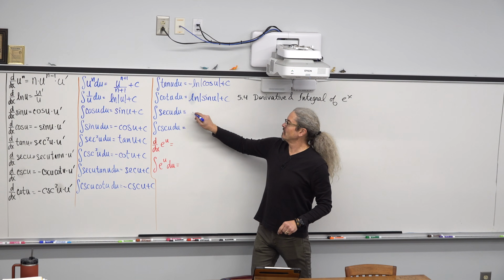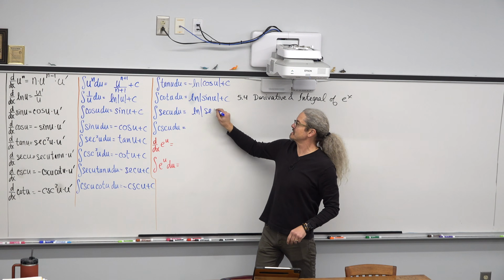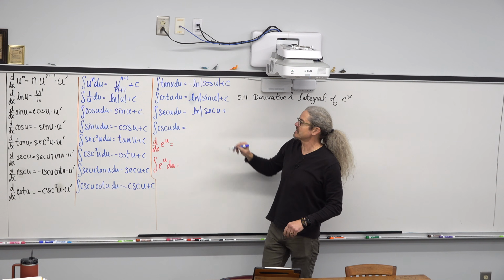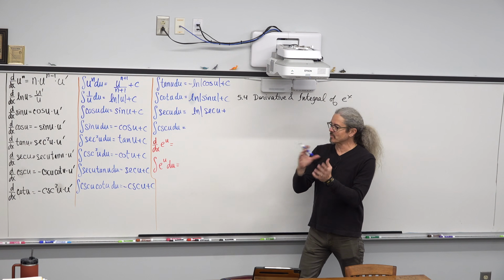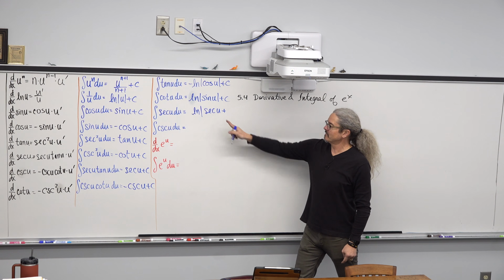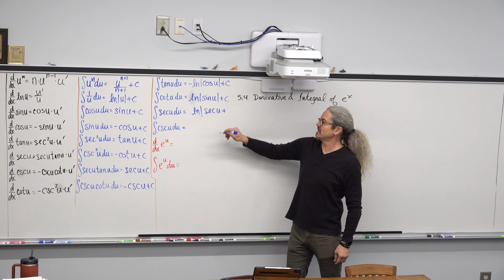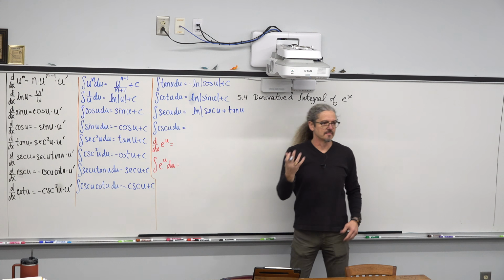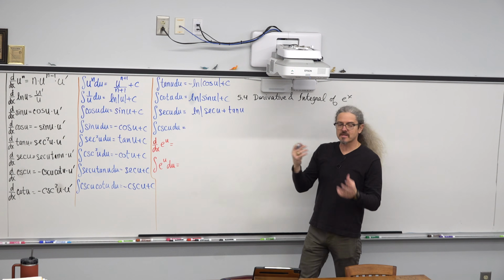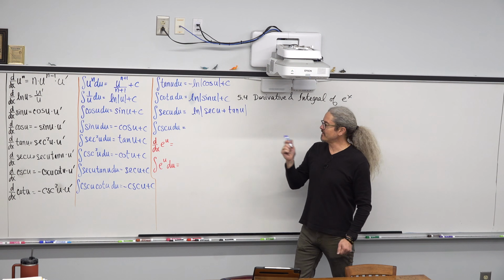Of course it's not the derivative rule, and it's not an exact inverse relationship, but the integral of secant of u does involve secant of u and tangent of u, just like the derivative of secant involves secant tangent. So if you forget that rule, maybe that'll help a little bit.